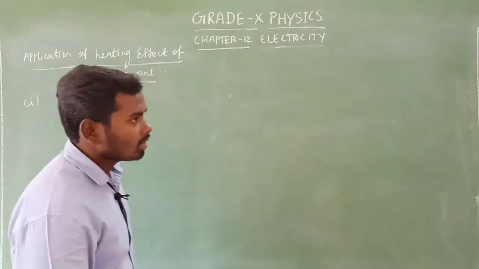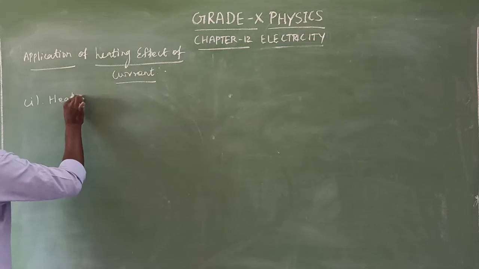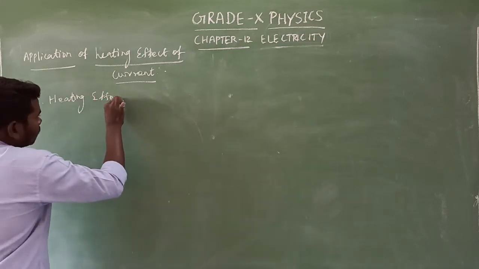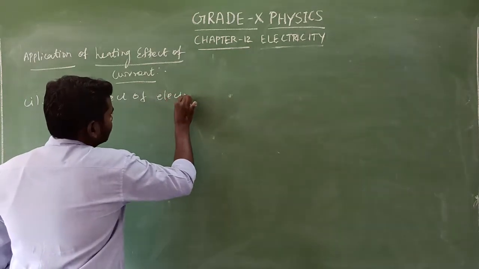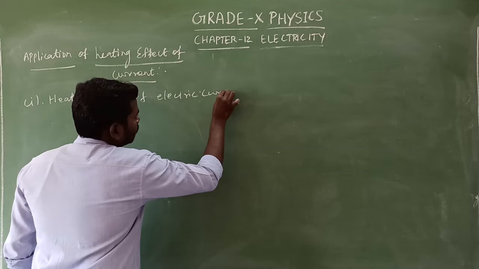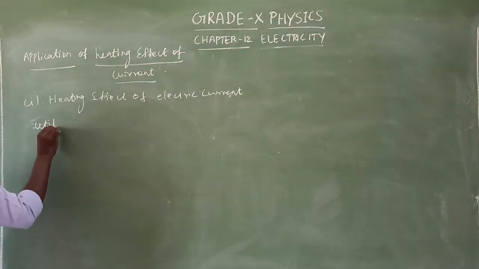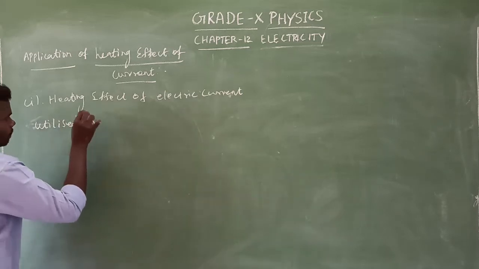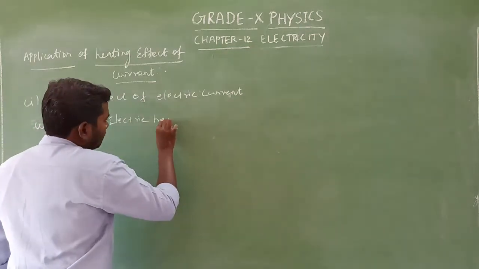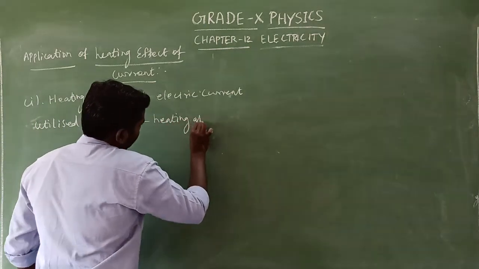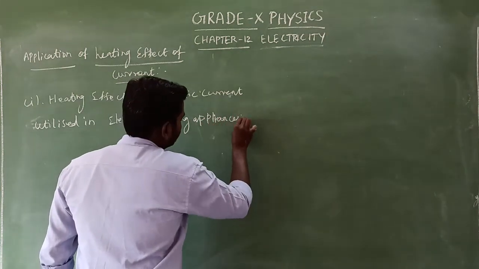Okay, the first one: heating effect of electric current utilized in electric heating appliances. This is the first one.